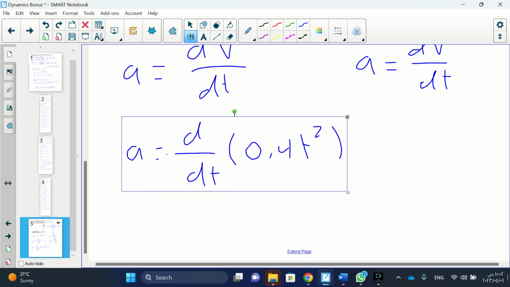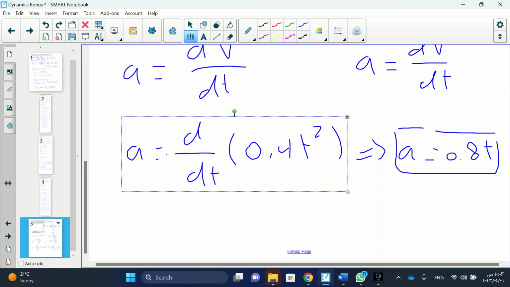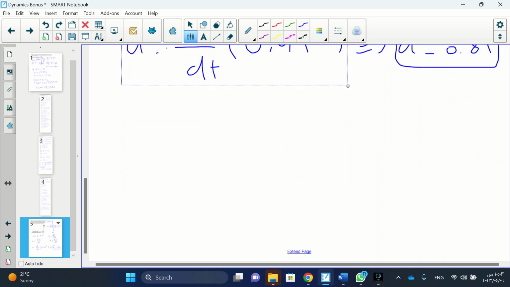So A will equal, we multiply 2 times 0.4, we get 0.8 T. Okay, we found the equation of A in terms of T.